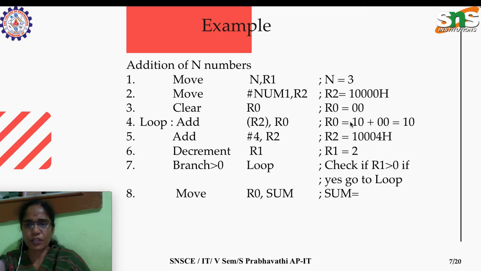Suppose in that location we have the value 10, then 10 plus r0 is 10, and that gets stored in r0. We move to the next number by incrementing r2 to the next address. So 1000 to 1004, not 1002, because we have added the number 4 here. Since memory is 4 byte addressable in this example, the address is moved by 4 bytes, and we decrement so the r1 value becomes 2.